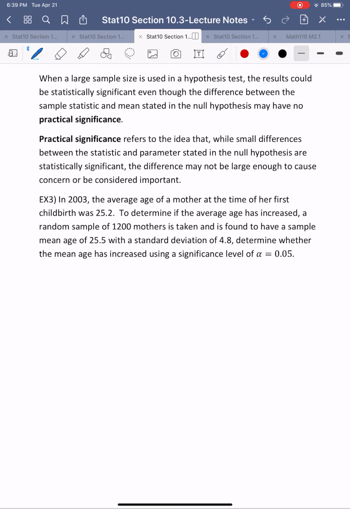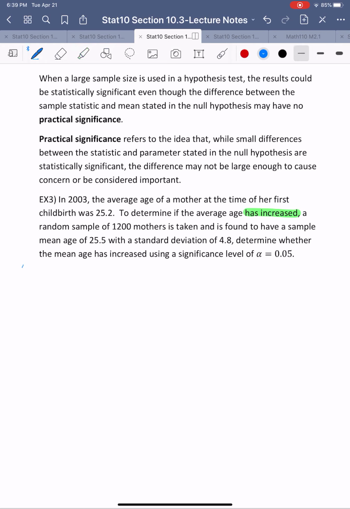So example 3 shows in 2003, the average age of the mother at the time of her first childbirth was 25.2 years. To determine if the average age has increased, a random sample of 1,200 mothers is found to have a sample mean age of 25.5 with a standard deviation of 4.8. Determine whether the mean age has increased using a significance level of alpha equal to 0.05.